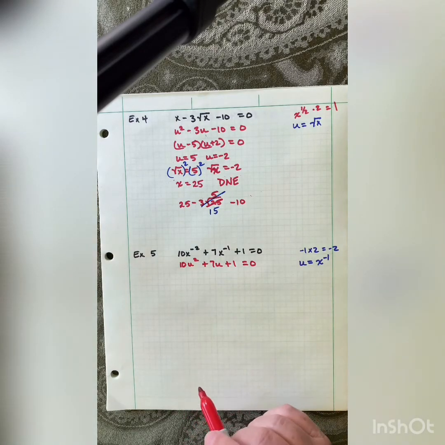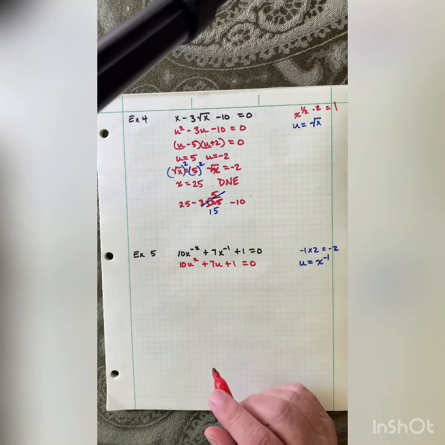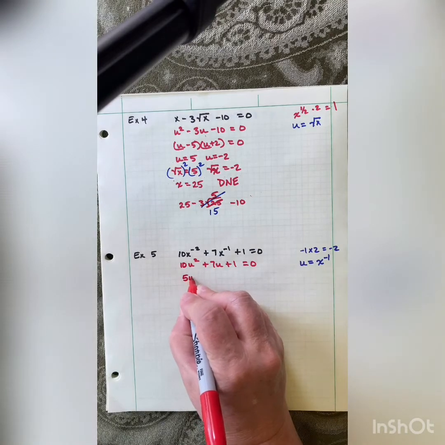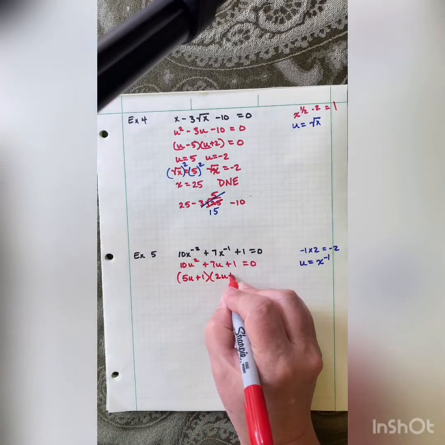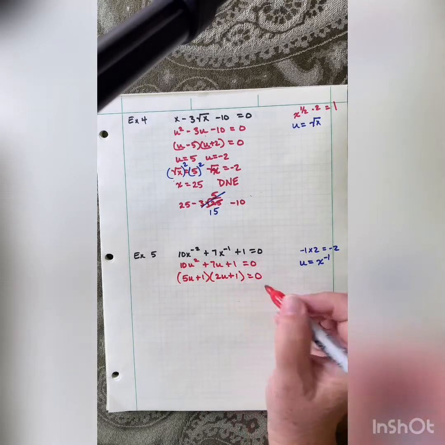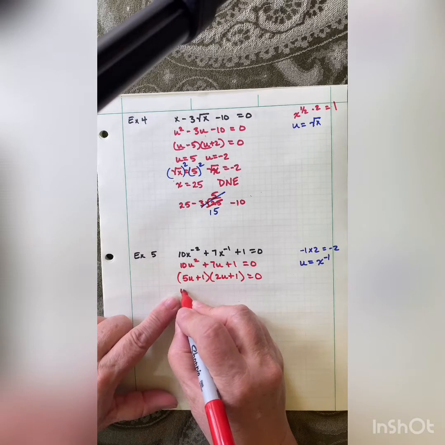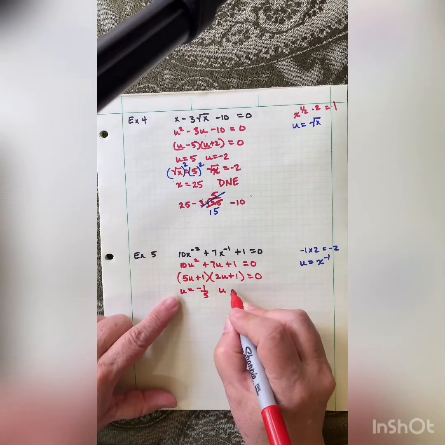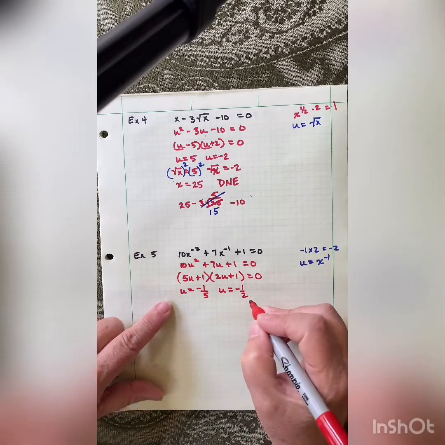And I am going to factor this, and when I factor it, it is going to turn out to be 5u plus 1 and 2u plus 1 equals 0. Okay, so let's solve it using the zero factor property. That'll be u equals negative 1/5 and u equals negative 1/2.